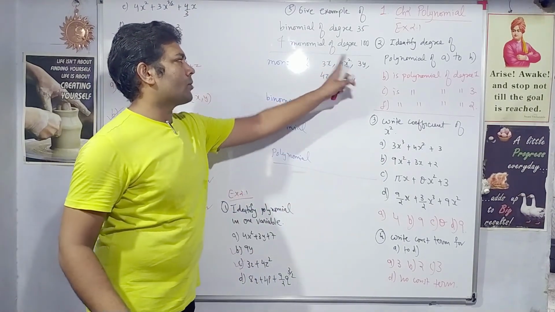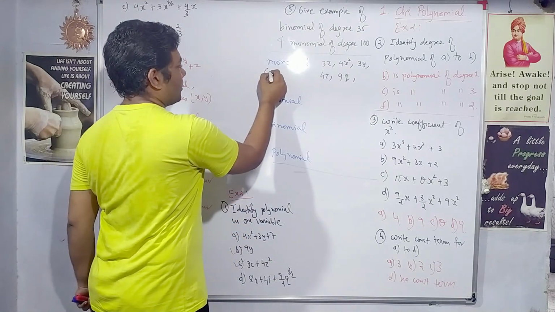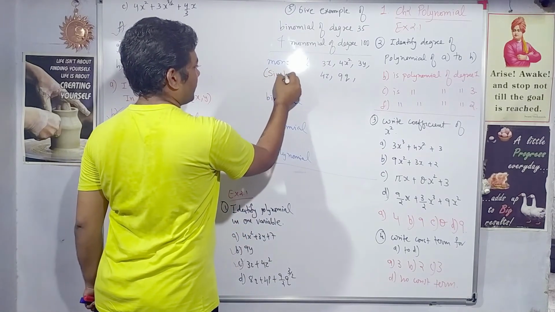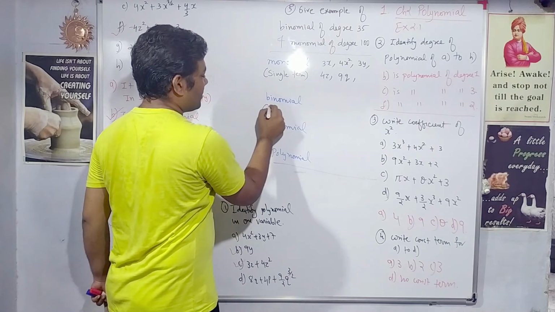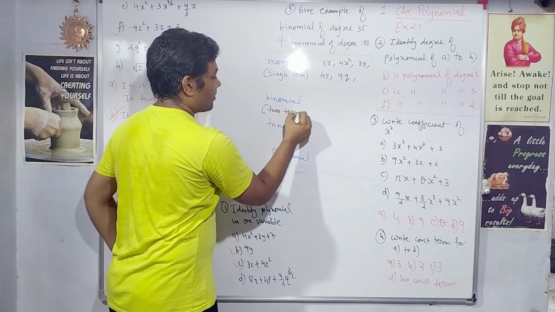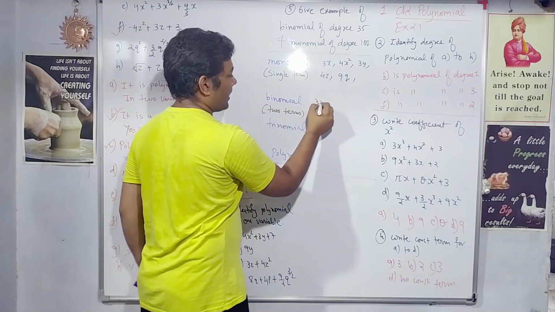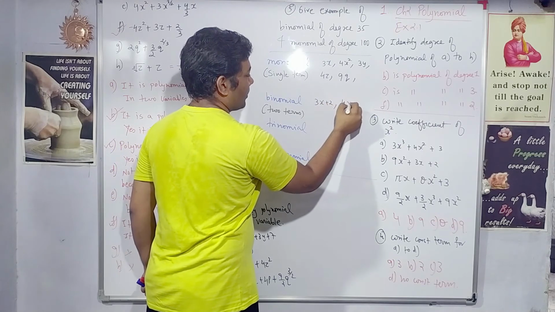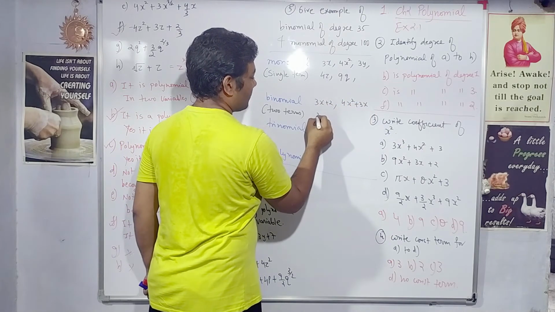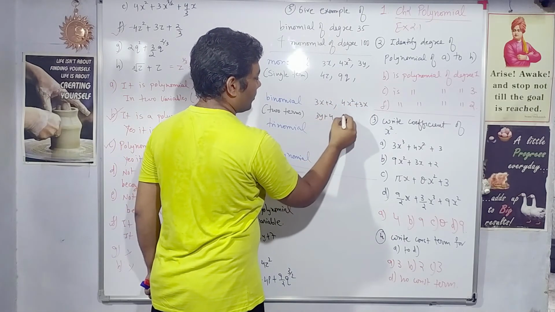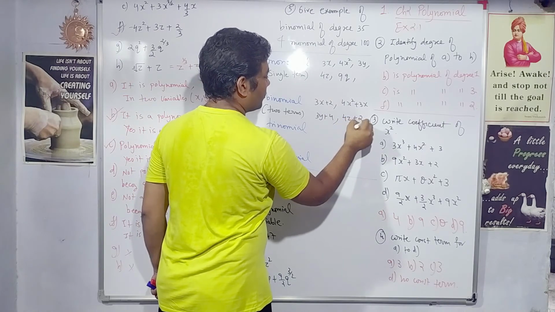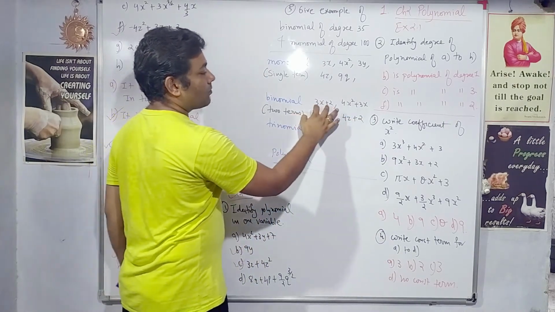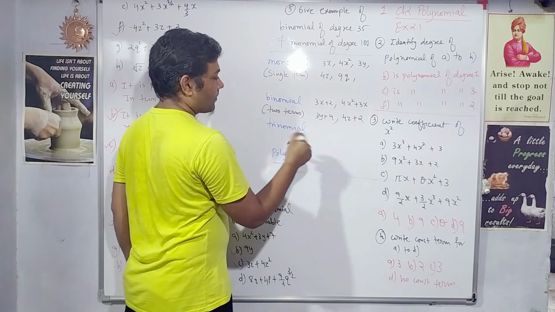Only a single term. So this is called a monomial, single term. Similarly, binomial means we will have two terms. So 3x plus 2, 4x square plus 3x, 3y plus 4, 4z plus 2, right? All these are binomials. Two terms we have.